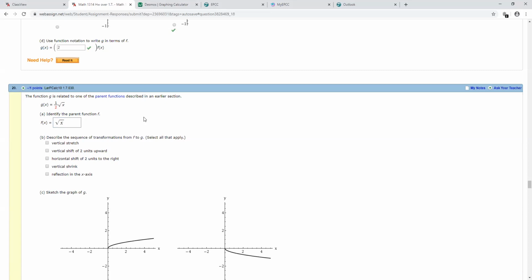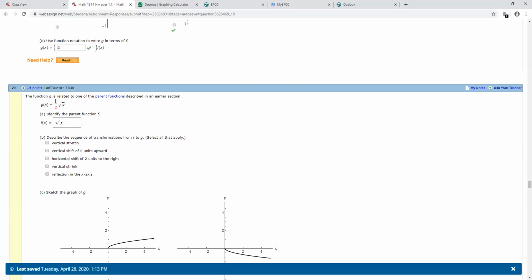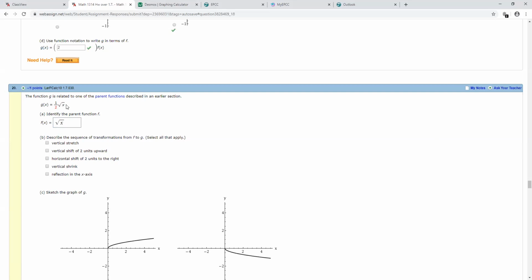And what is this right here then, Megan? Is it an addition or subtraction either inside the parent function or outside, which would be a horizontal or vertical translation, which is also called a shift?